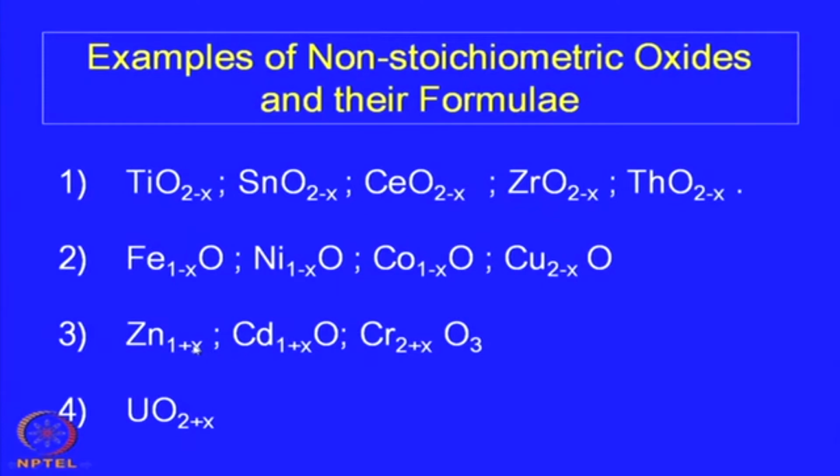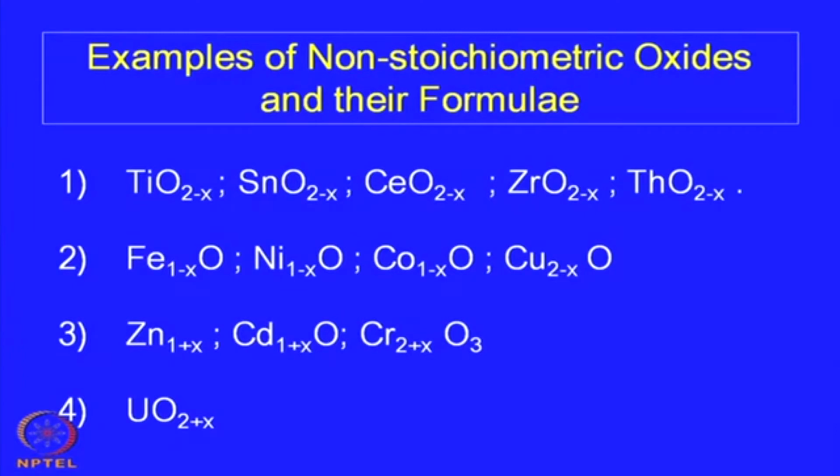1 plus x will write, there is a mistake once again, okay, I will come back. So, these are FeO, NiO, CoO, all of that type, and 1 minus x denotes that they are metal deficient and metal vacancies are the cause.